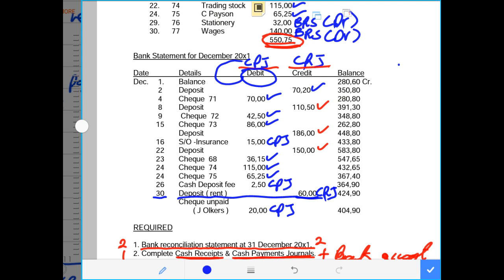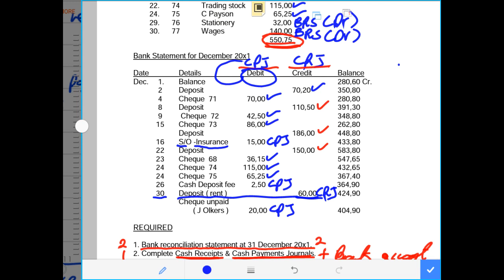So now in this case, once again, it means the stop order of insurance is an insurance that we paid through our bank account. Where in this case, the insurance company deducted money in our bank account.